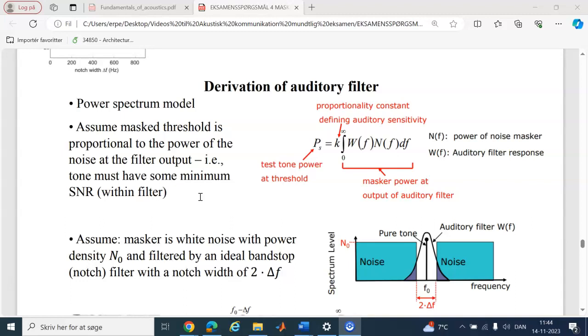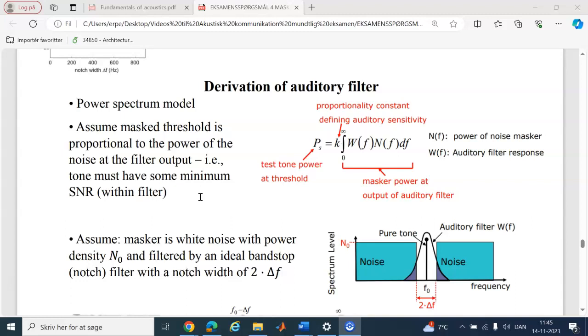We integrate over the frequencies, and the integrand is the masker power at the output of the auditory filter. It is the auditory filter response times the power of the noise masker.